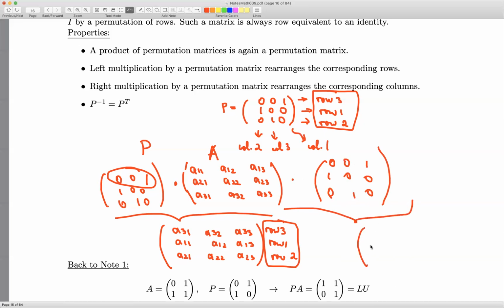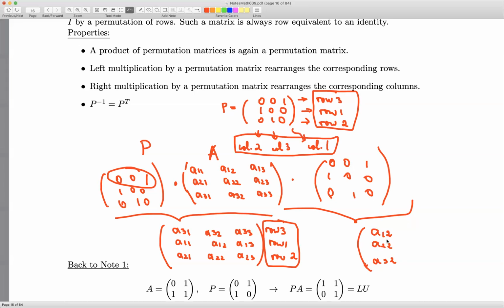The result will be a matrix obtained from the original matrix by putting column 2 of the matrix A on first position, and then column 3, following exactly the rule by which I obtained the matrix P from the identity. I obtained the matrix P from the identity by putting column 2 of the identity first, column 3 of the identity second, and column 1 of the identity on the third place.